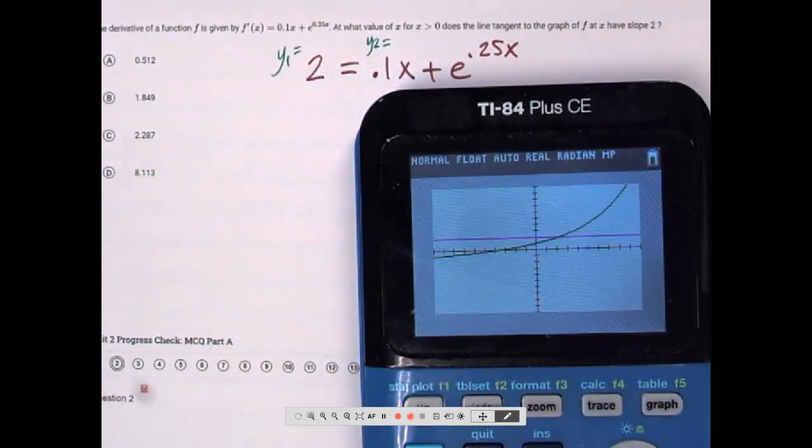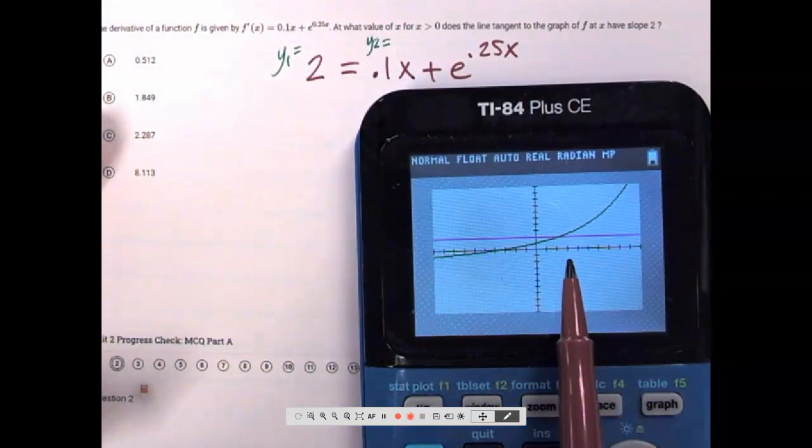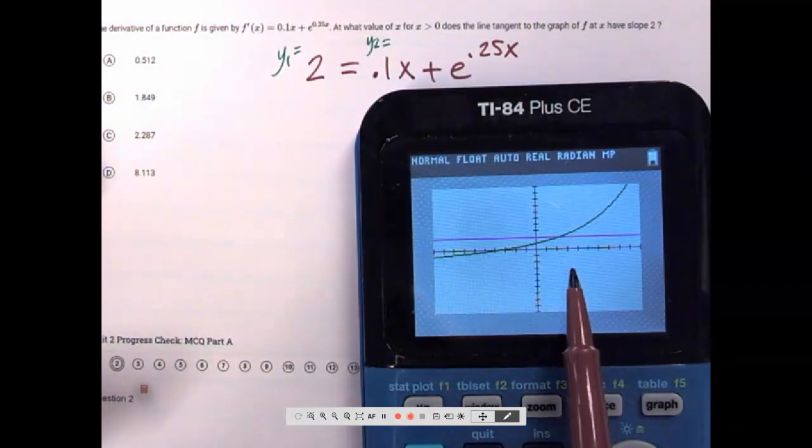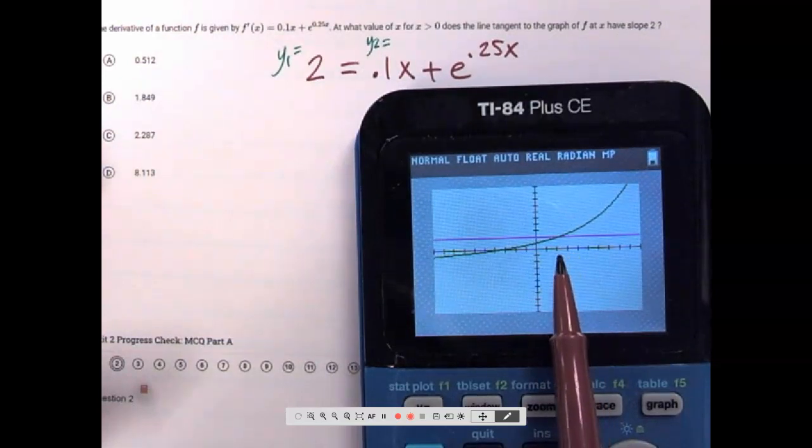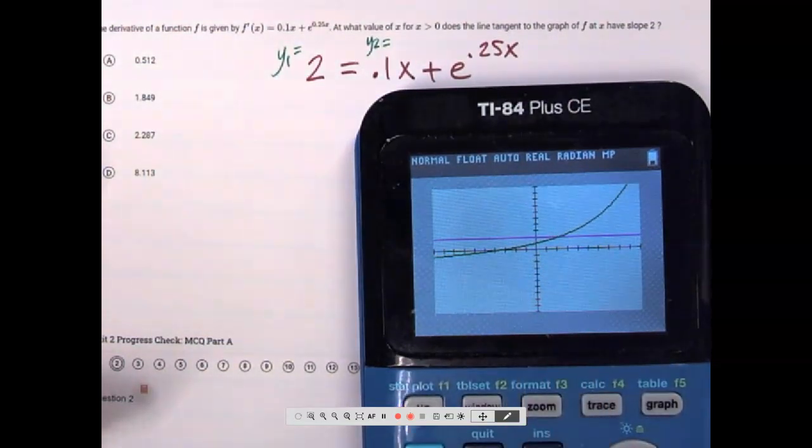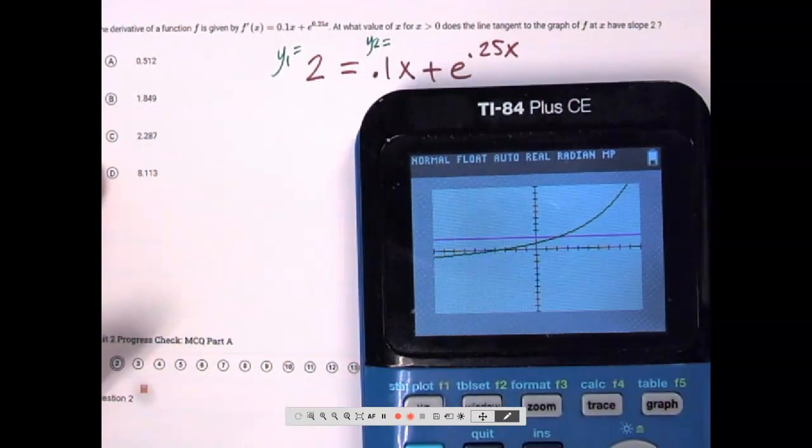If I want to know where two things are equal, this is one way that you can use your calculator to find that. You're going to graph both sides as separate equations, and then you're just looking for where they are intersecting. So clearly there's one point. I don't know that I could guess that point. Could you tell what the answer is just from looking? If I had to guess, I would say it's the 2 number. But let's just double check so we know how to do it.